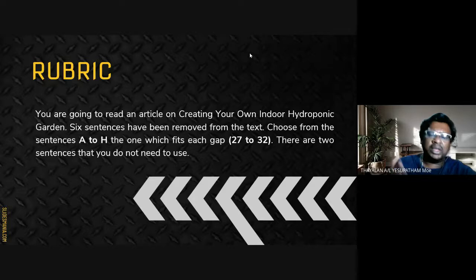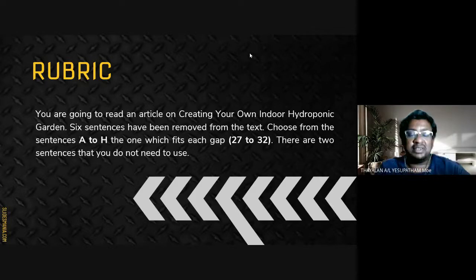So there is a sequence that you have to unveil as you place and position the sentences in the rightful place. Now, 6 sentences have been removed from the text. Choose from the sentences A to H the one which fits each gap, 27 to 32. There are 2 sentences that you do not need to use. These are the 2 additional sentences.